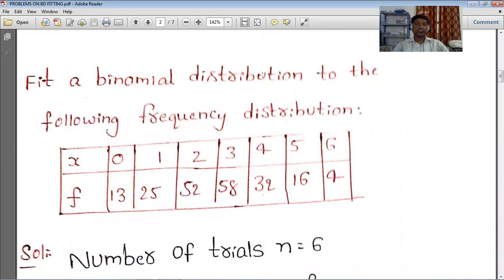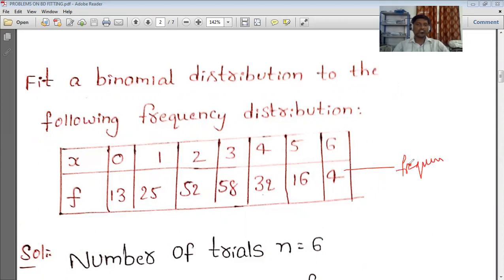Fit a binomial distribution to the following frequency distribution. It means these are frequencies they give for different observations.